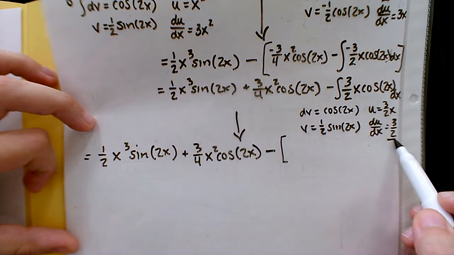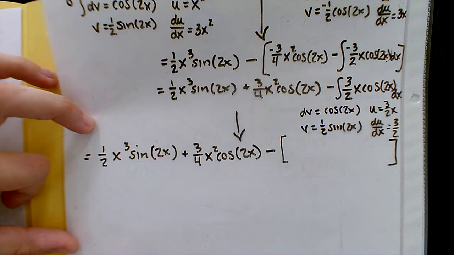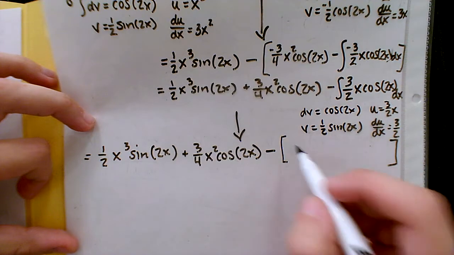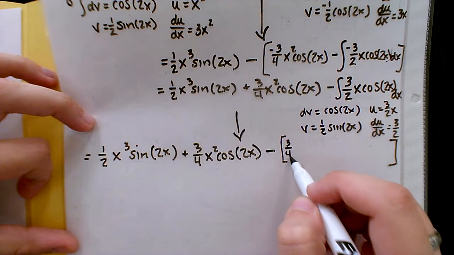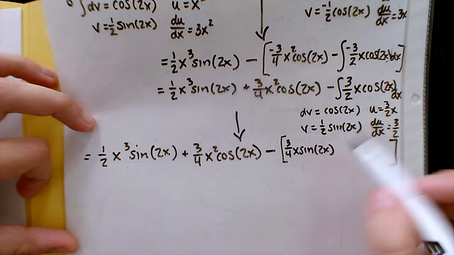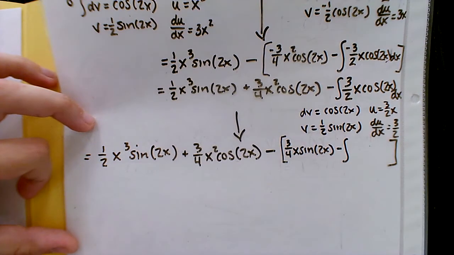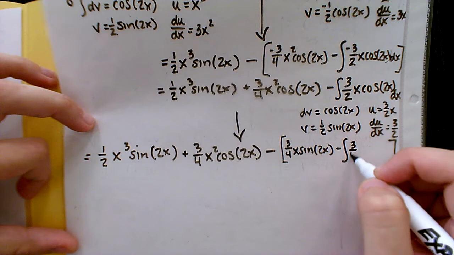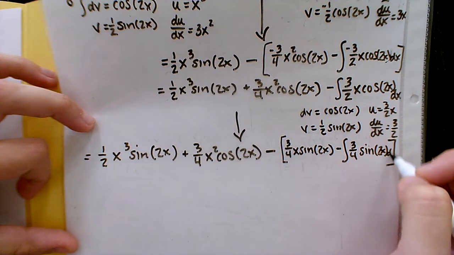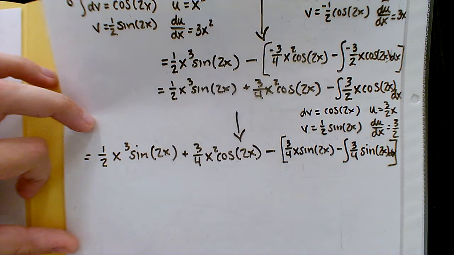So we have to make sure we subtract all of those pieces from the by parts process. So let's see, we have u times v, 3/4 x sine of 2x, minus the integral of v du, 3/4 sine of 2x dx.